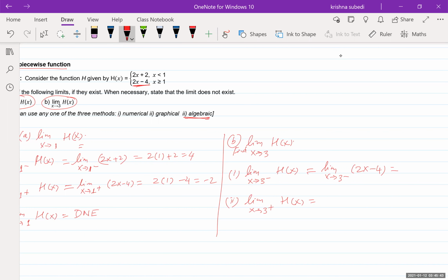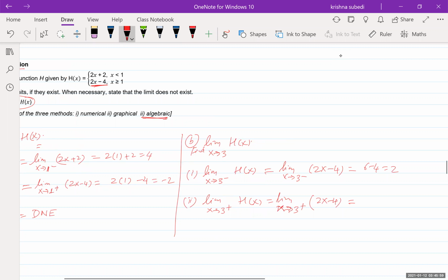Plug in the value, you're going to get 6 minus 4, which is 2. And here limit x tends to 3 plus. When it is a little bit bigger than 3, it's still the second piece. So we got 6 minus 4, which is 2. Therefore, limit x tends to 3 of h of x equals 2. That is the answer.